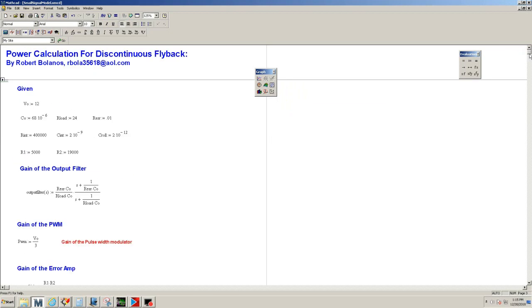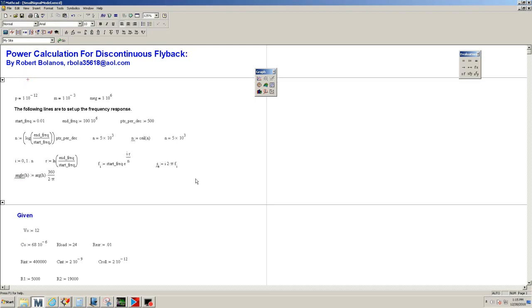Before we do any scripting, be sure you copy this. This is pretty self-explanatory. It gives you the start frequency, end frequency, and the points. So it calculates and sets up your Bode plot.